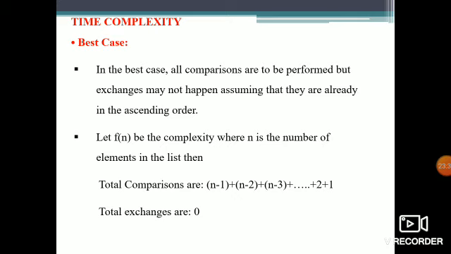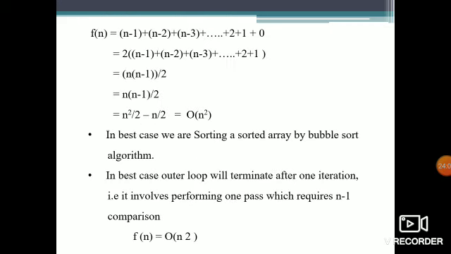If f of n is the complexity where n is the number of elements in the list, then the total comparisons are n minus 1 plus n minus 2 plus n minus 3 till 2 plus 1. The total exchanges are 0, meaning there is no exchange, all are in ascending order. So what best case do we get?